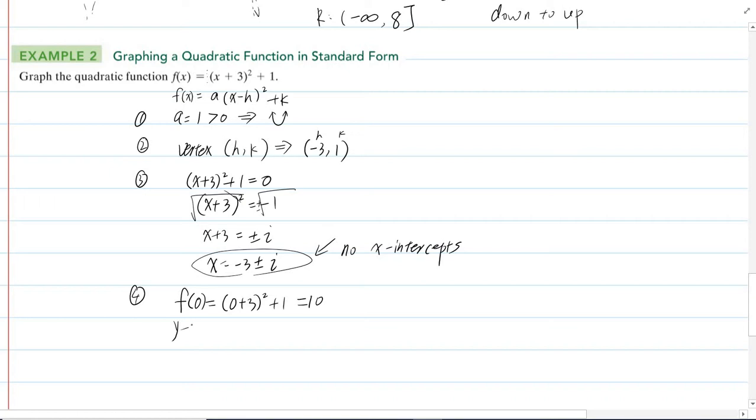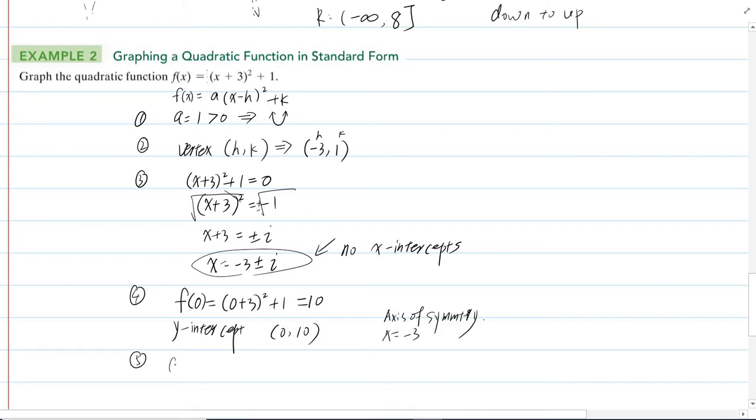So that means your y-intercept is (0, 10). It's not necessary, but if we want to, we can find the axis of symmetry, which is just x = h. So x = -3 is your axis of symmetry.